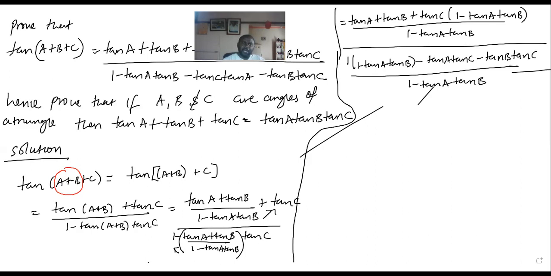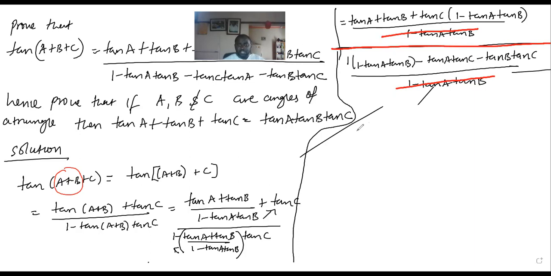So the common divisor is this one. Let me even change its color. But this one is the same as this one. So I can lose those 2 by division.